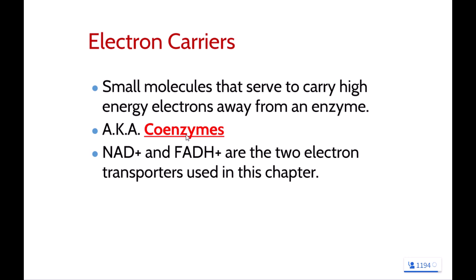They carry high energy electrons. As we're slowly burning our food, one covalent bond at a time, we'll harvest highly energized electrons. And we use those highly energized electrons to make the ATP directly. The 2 coenzymes that are the most important for cellular respiration are NAD and FADH.